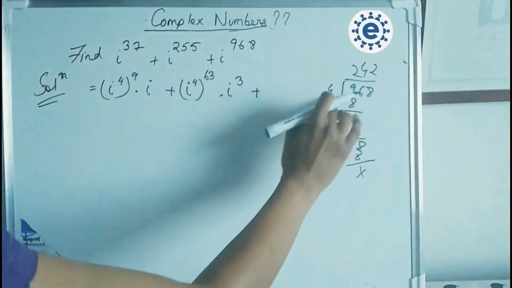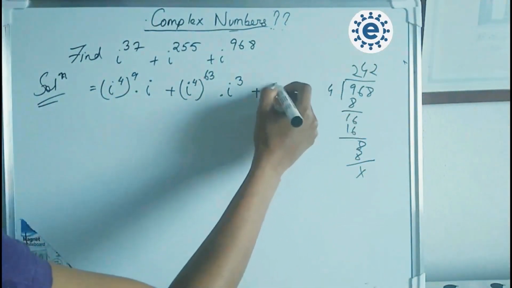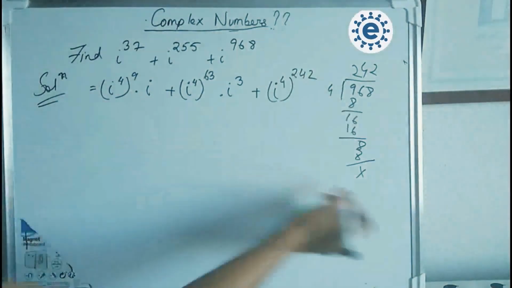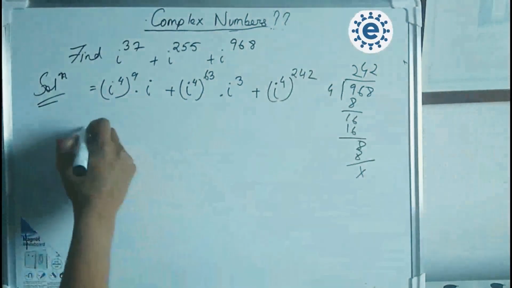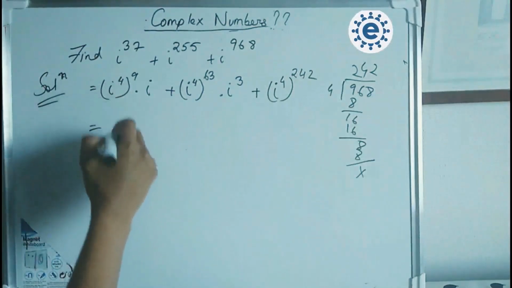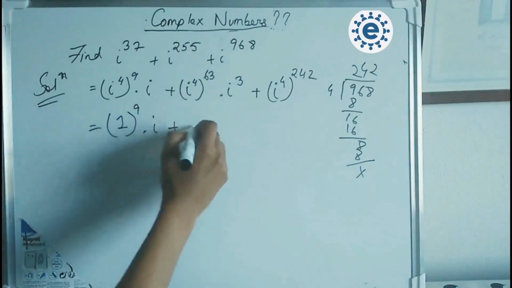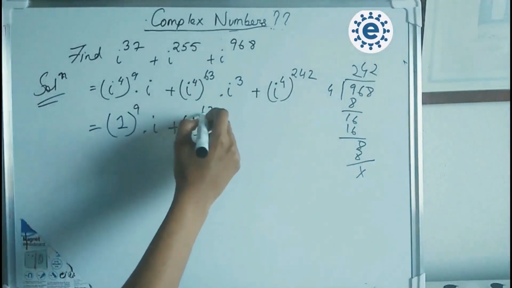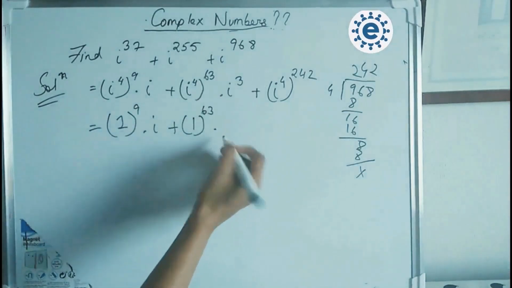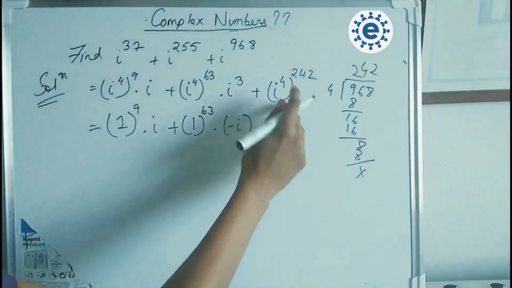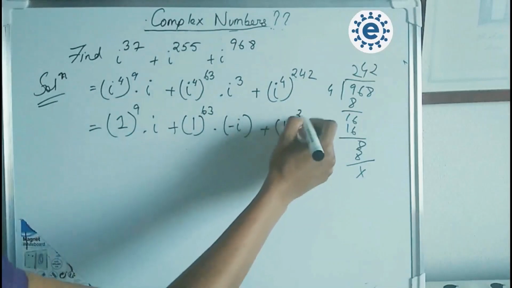In terms of 4, you can write it as 4 times 242. There is no remainder, so we will not write anything here. So i^4, we know the value of i^4 is 1. Again, what is the value of i^3? That's minus i. And i^4 is 1 to the power 242.